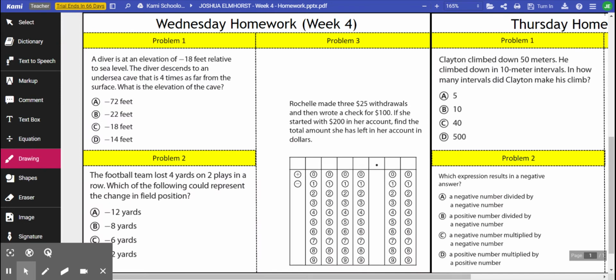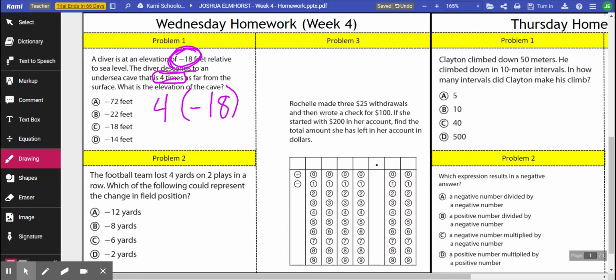Okay, and taking a look at the Wednesday homework for week 4. So we got a diver's elevation is negative 18 feet below sea level, and then he descends 4 times as far. So by Wednesday, we will have worked on multiplication. So we got 4 times negative 18.